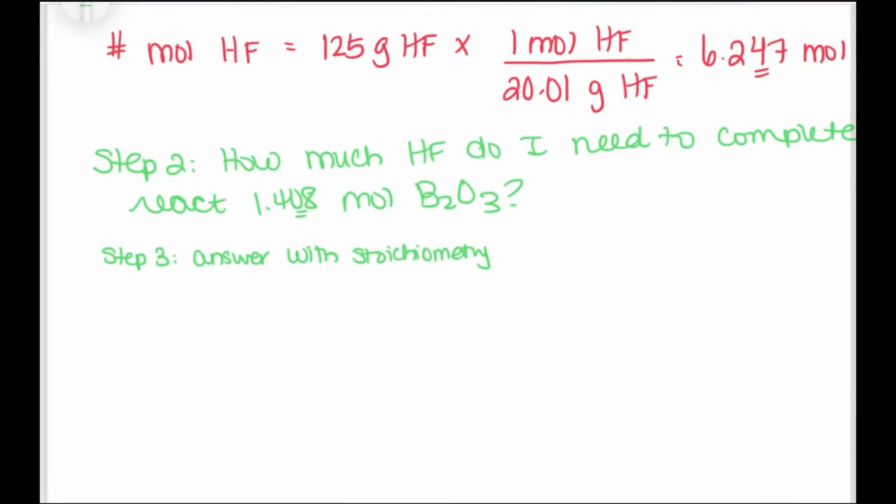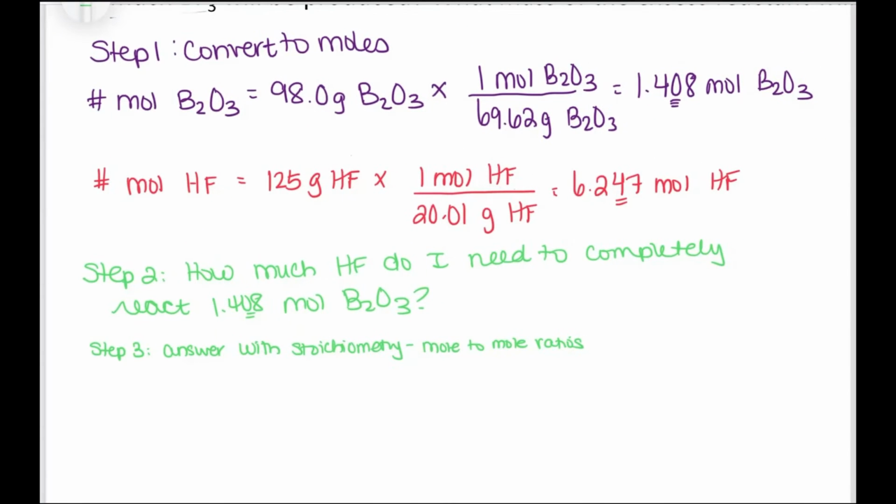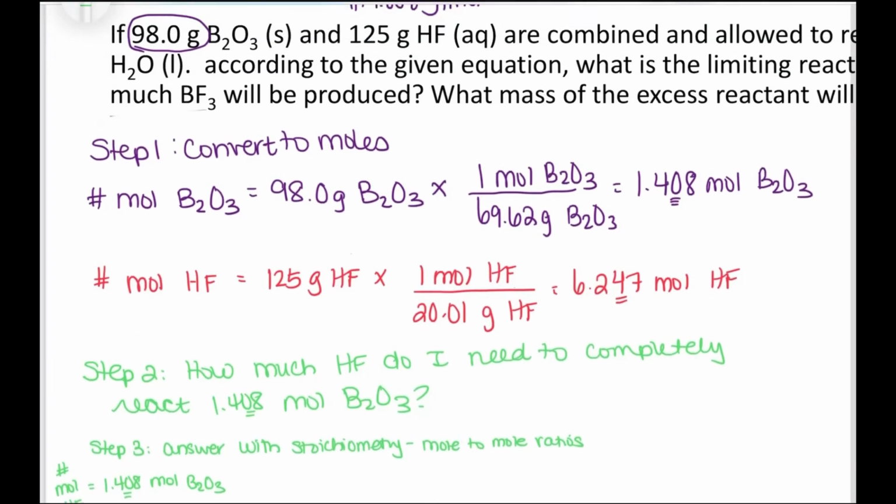Remember, stoichiometry is just a fancy word for mole-to-mole ratios. So, and I know I keep zooming and I apologize, I've got 1.408, keeping my sig figs there, moles of B2O3. I want to know how many moles of HF it will take to completely react this.